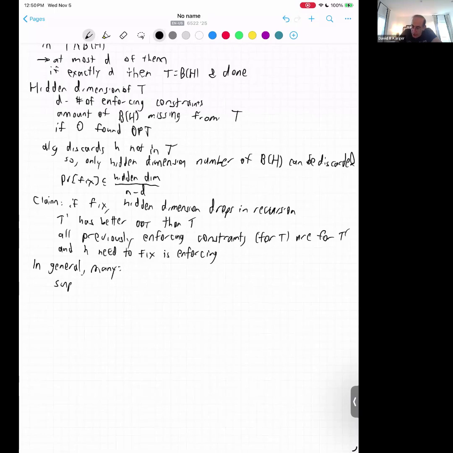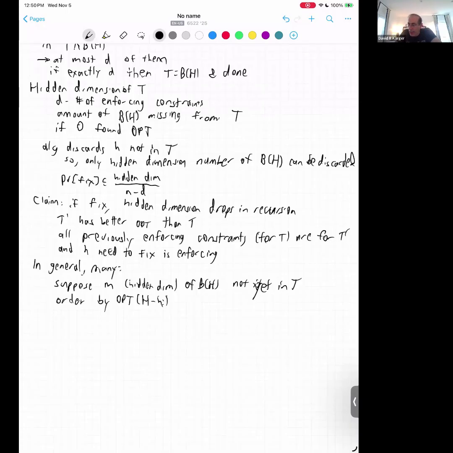So suppose that we have this hidden dimension. We have constraints of B of H that are not yet in T. As we discussed above, we order them by how the optimum changes when we take away those hidden optimum constraints.